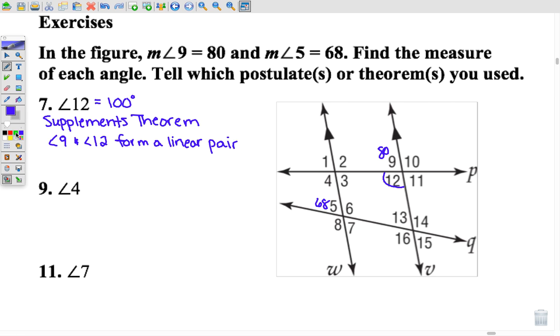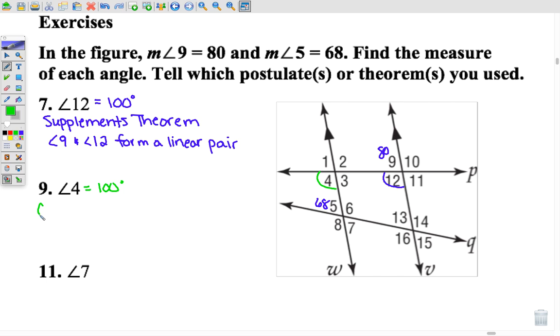Okay, angle 4. So that's this one right here. Okay, so whenever you're looking at these, we're having to look at the two lines that are parallel. So here's my two lines that are parallel, and P is my transversal. So if you look at the relationship between angle 4 and angle 12, those are corresponding. And you know from your corresponding angle postulate that these two angles are congruent. So if angle 12 is 100 degrees, then we know angle 4 is 100 degrees.